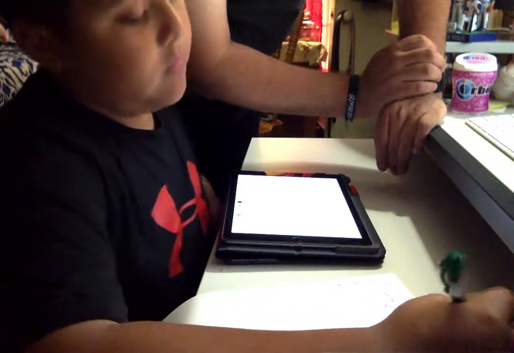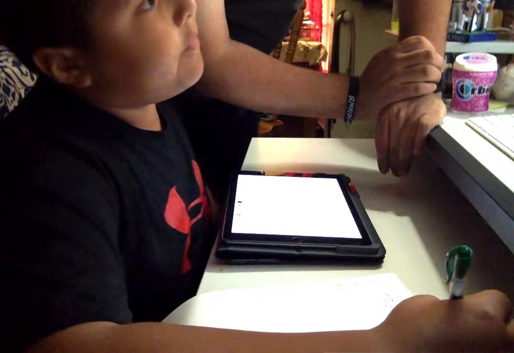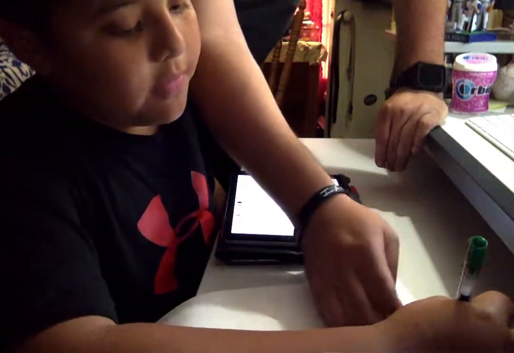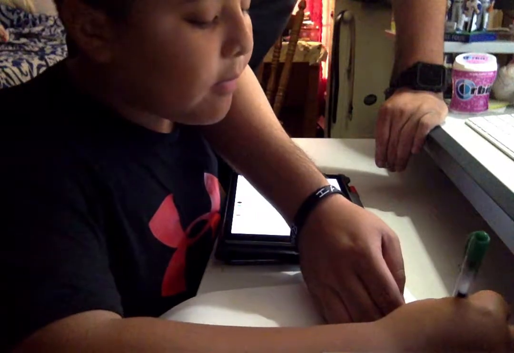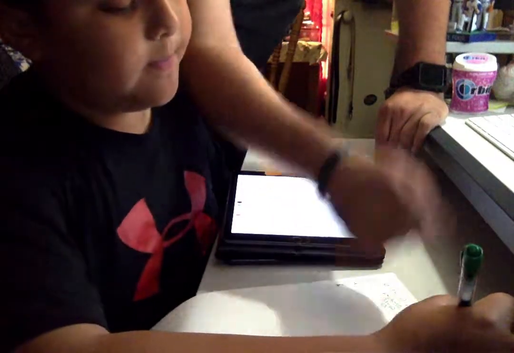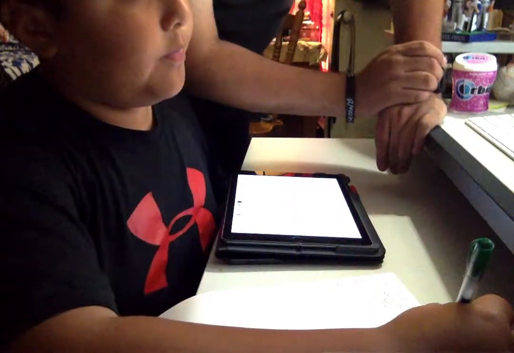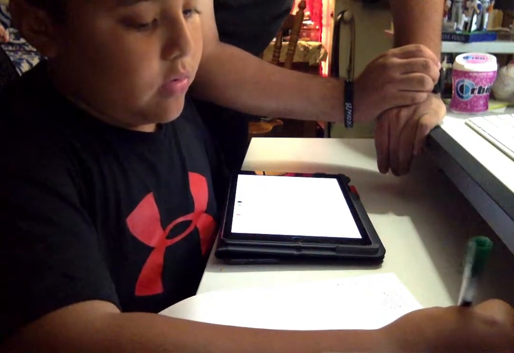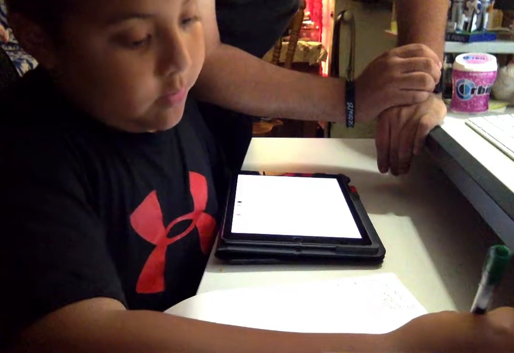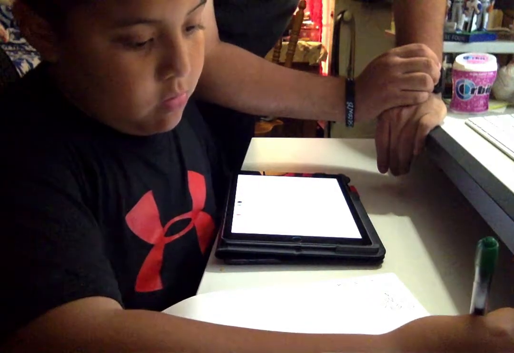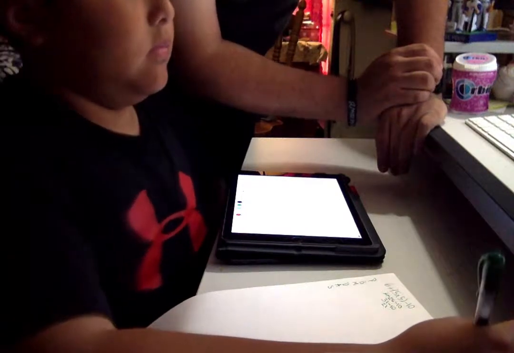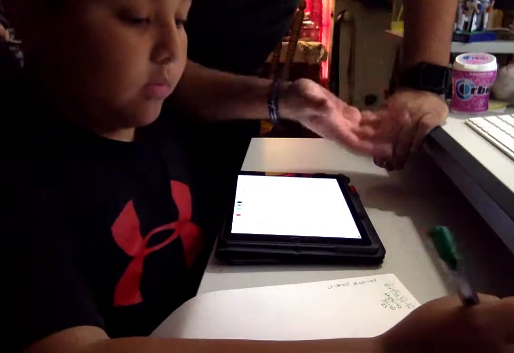Close parentheses. Now it's going to be times, open another parentheses, 30 minus 22. Close parentheses. You're always going to close it, alright? Always. Because if not, the problem's going to keep going and you might get confused.